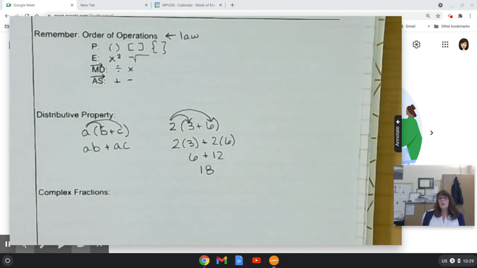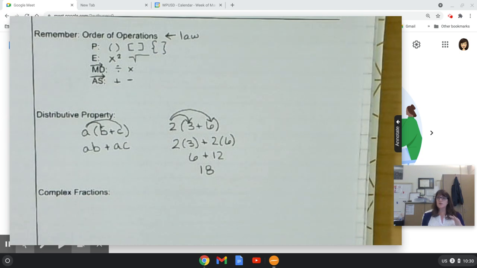The next one is super scary looking. So scary. And it doesn't need to be. Okay? So I'm going to show you 2 different ways to do this problem. The farther I went in algebra, the more I used the first method.